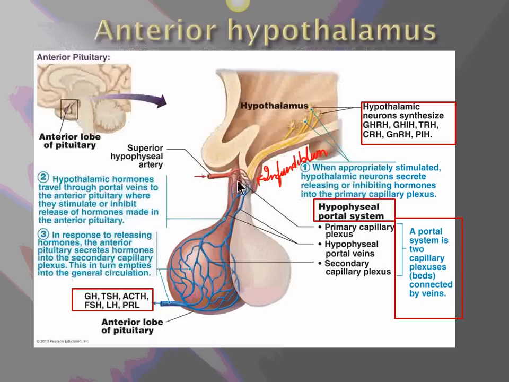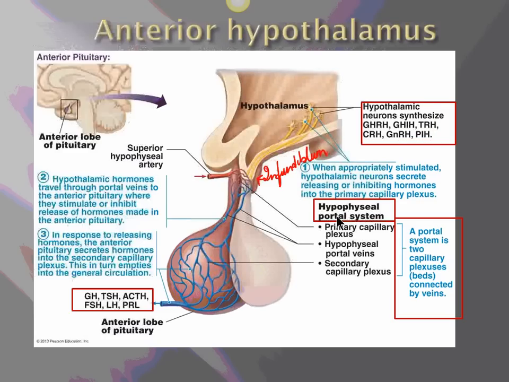These capillaries here in the infundibulum come down into the anterior pituitary and again break up into another set of capillaries. So you have two sets of capillaries here. Because this is a set of blood vessels and two capillary plexuses which connect the hypothalamus to the pituitary, this is known as the hypophyseal portal system. It's often called the hypothalamic hypophyseal portal system.